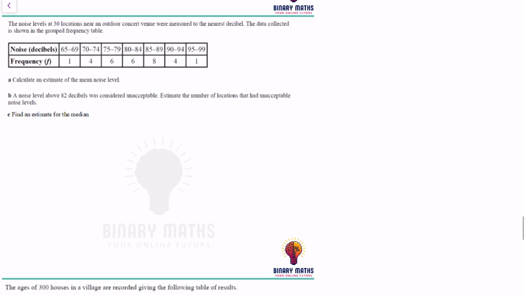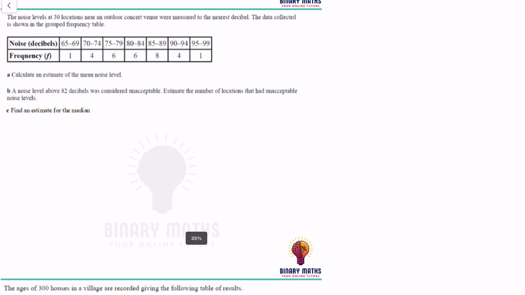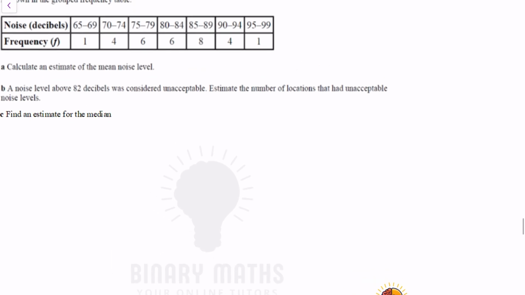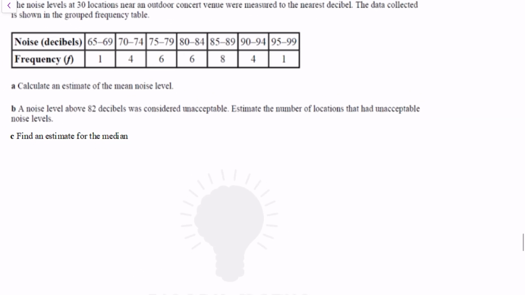Next question. The noise levels at 30 locations near an outdoor concert venue were measured to the nearest decibel. The data collected is shown in the grouped frequency table. Calculate an estimate for the mean level.